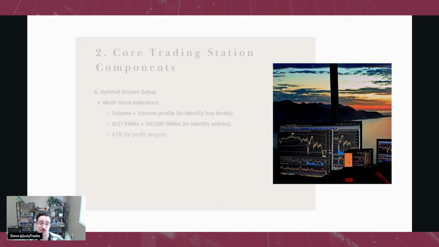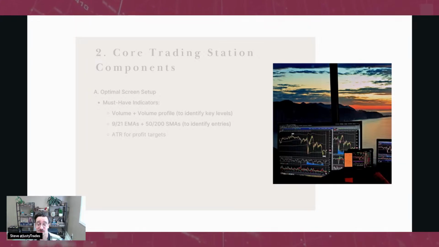And this is super, super useful for picking your levels to trade off of, because I promise you, if you start using the volume profile and noticing these volume shelves and these volume gaps, you'll notice the areas where the market has a really hard time trading through when they act as resistance, or when they just slice right through them and they act as a low liquidity zone. So if you're buying into those high resistance zones and then you're selling into those gaps, it's a really useful strategy and way to think about the market. And this is a great indicator to do that with.